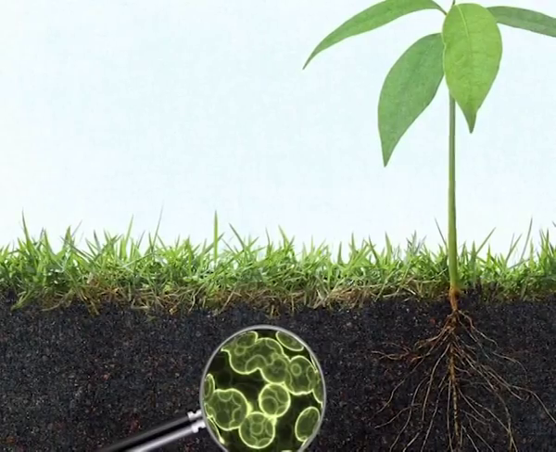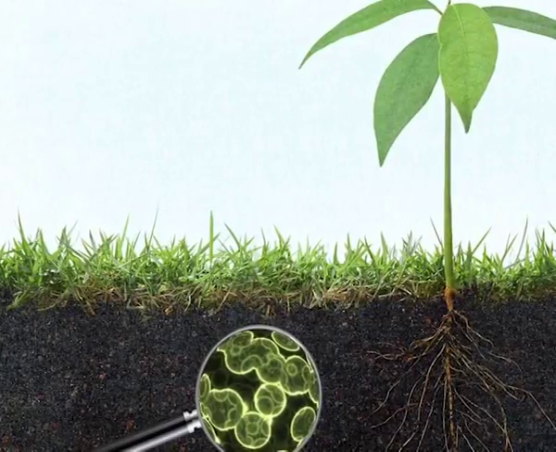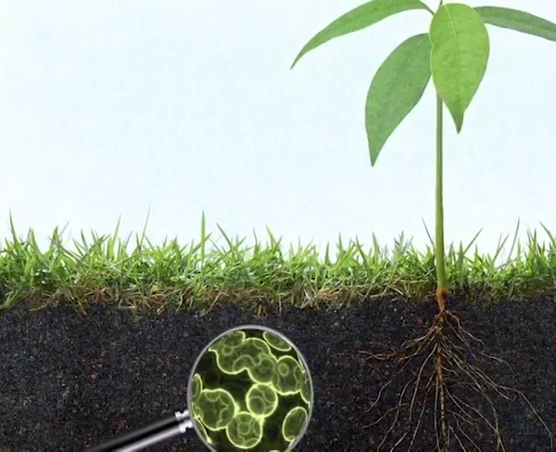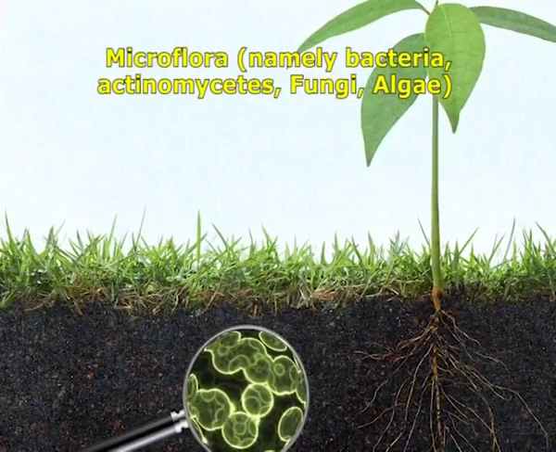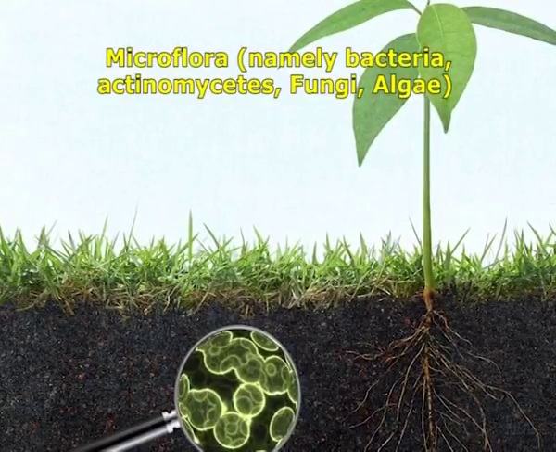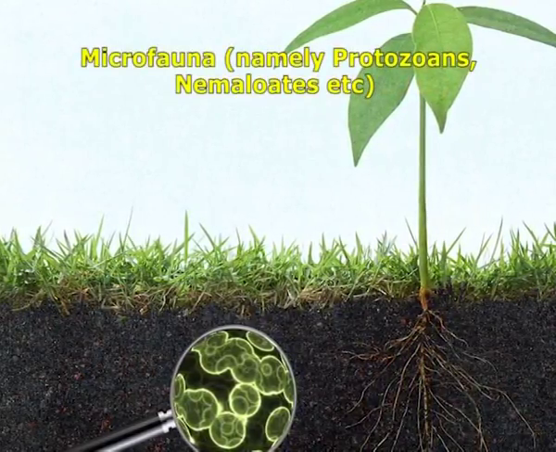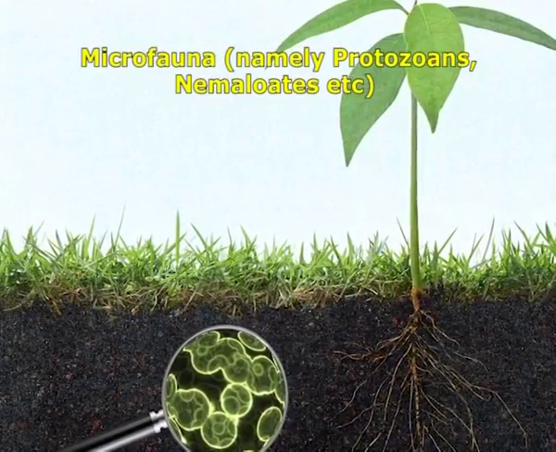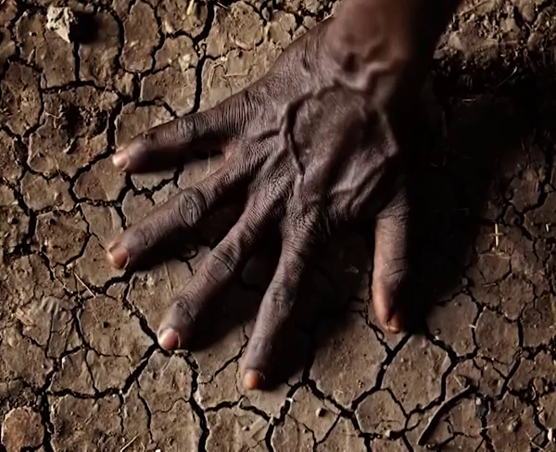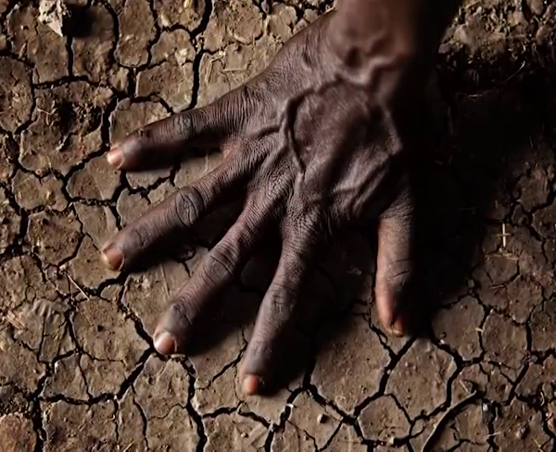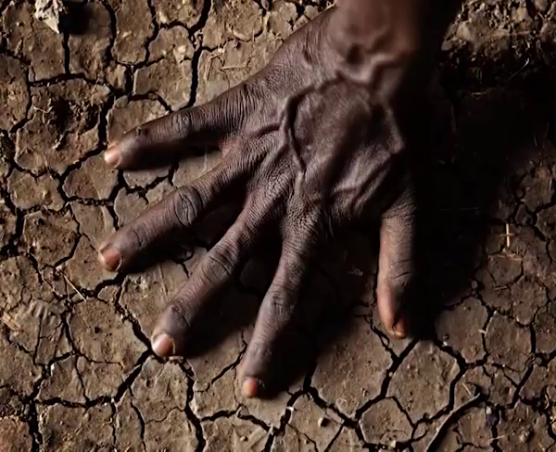The soil microorganisms can be classified into microflora, namely bacteria, actinomycetes, fungi, algae, and microfauna, namely protozoans, nematodes, etc. Human activity is also a potent agent in influencing the physical and chemical nature of the soil.